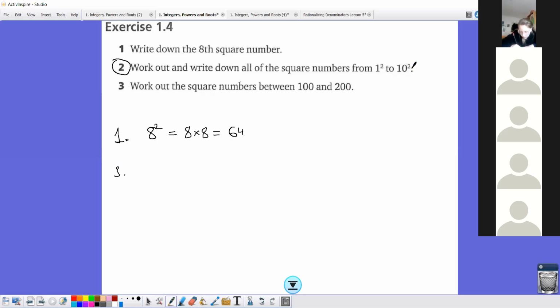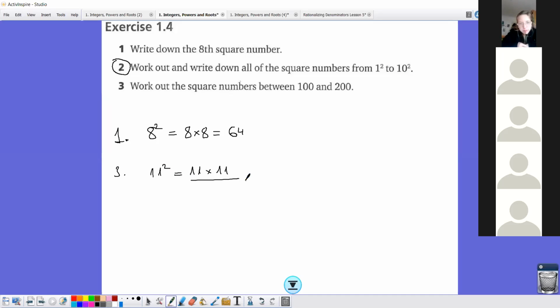So till 10, you will write the squares till 10, which will be 100, the last one. Then we need to find 11 squared, which is 11 times 11.